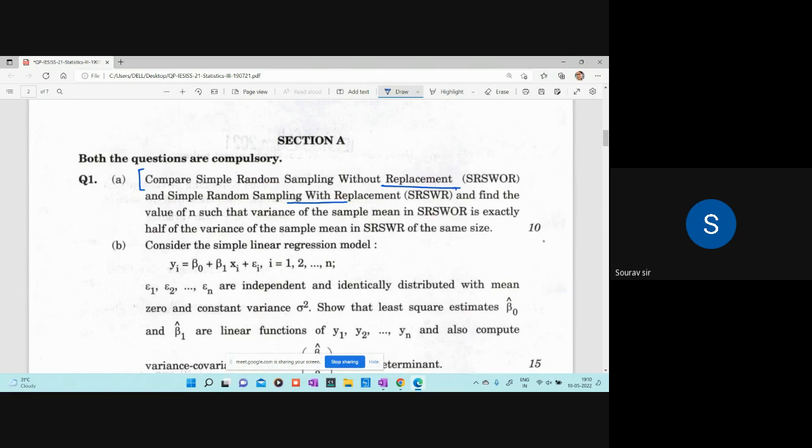This is one portion. And find the value of n such that the variance of SRSWR and SRSWOR under the same sample size, one is half of the other. So we can divide this into two parts.